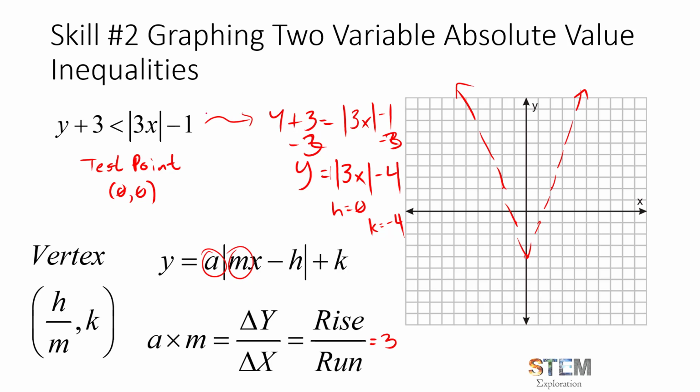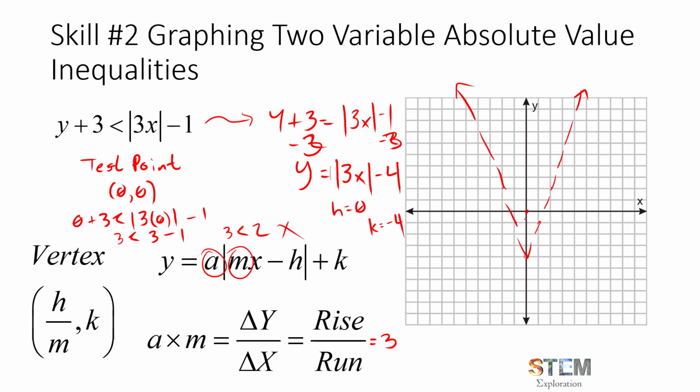So if we test this point here and we say 0 plus 3 is less than 3 times 0 minus 1, that'll give us 3 is less than 3 minus 1, and that's going to say that 3 is less than 2, and we know that that is false.